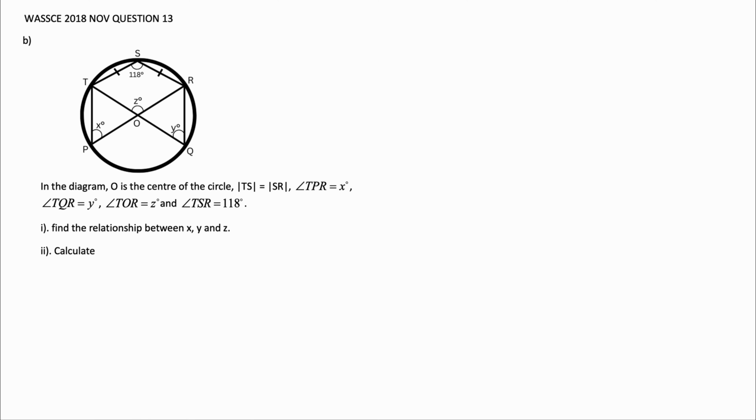The angle TOR is equal to z degrees, and the angle TSR is equal to 118 degrees. Find the relationship between x, y, and z, and II. Calculate, this should be find, angle STP. So let's begin with our solution.